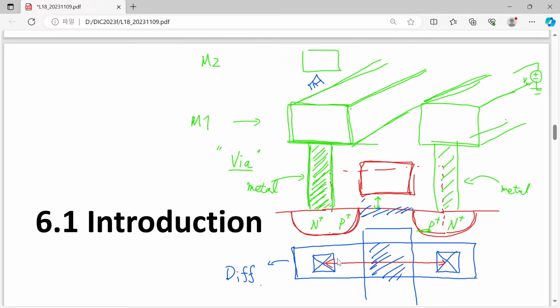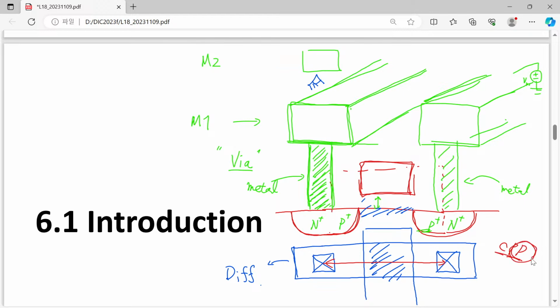If this size is small, then using this technology you can make a smaller device. If this value is larger, you must spend more silicon area to realize a single transistor. That is called CPP, contact poly pitch.